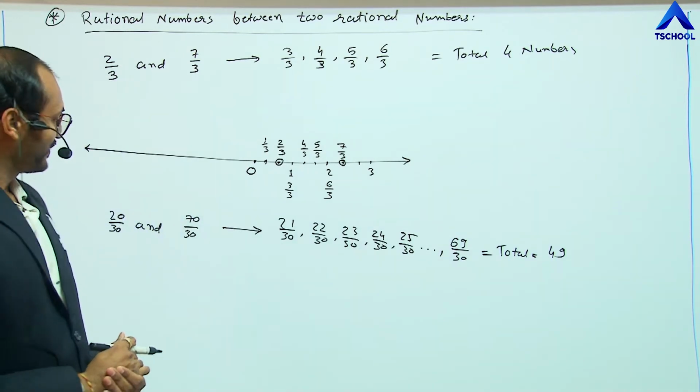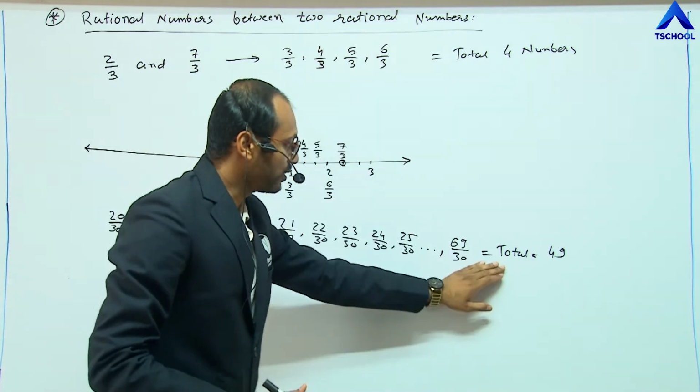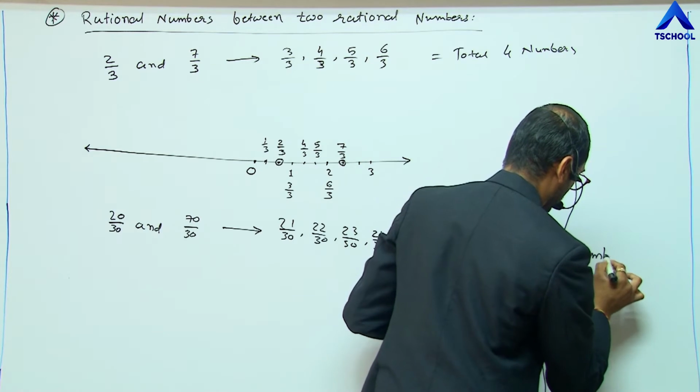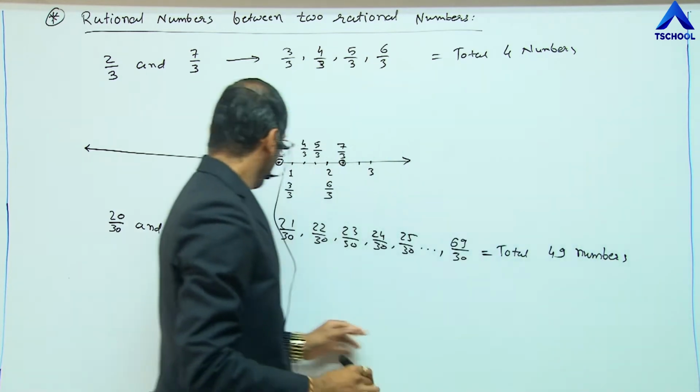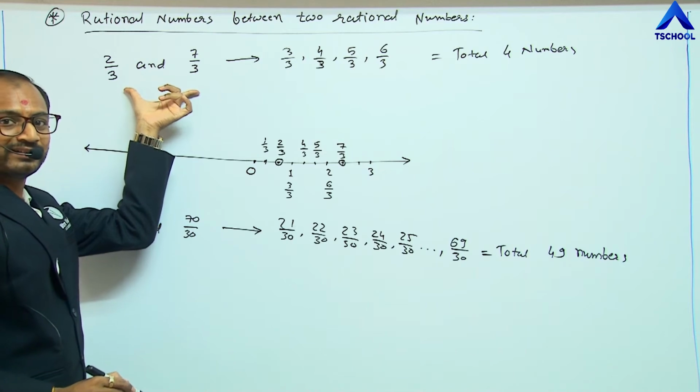Clear? So, a total of 4 numbers here, and here a total of 49 numbers, in between the same numbers. Is it clear?